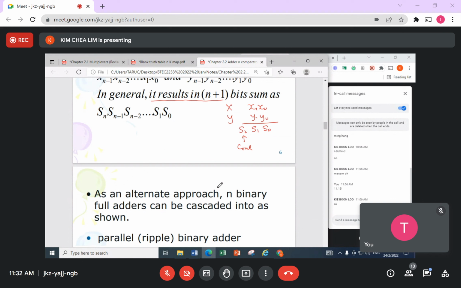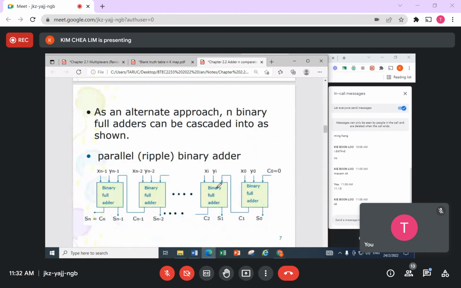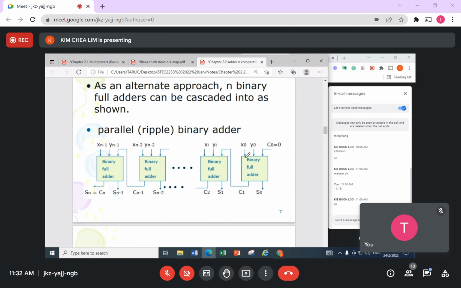So I can, of course, come up with a very complex design: how many bits do I want to add? I start to do my design. In that case, your design can be very complex as the number of bits increases. So if I rebuild this full adder, what I did just now, the full adder with the inputs here, you can connect them in this way.